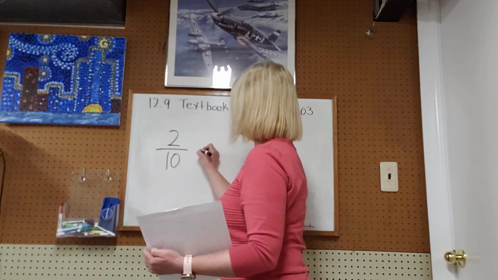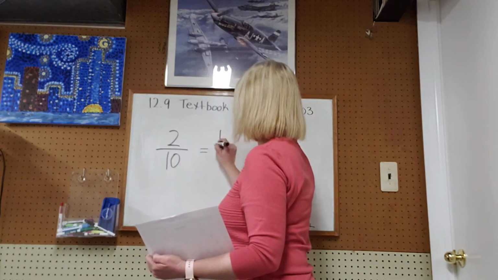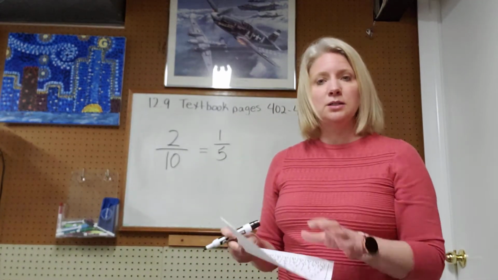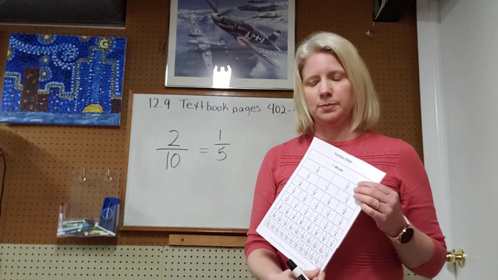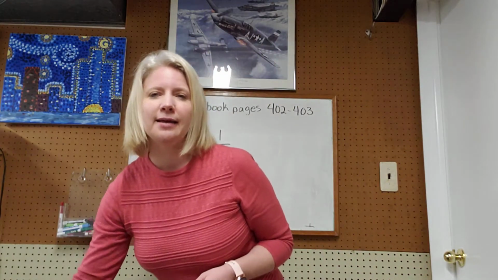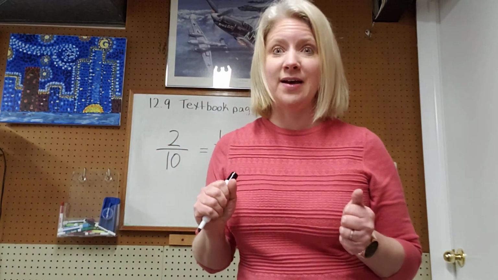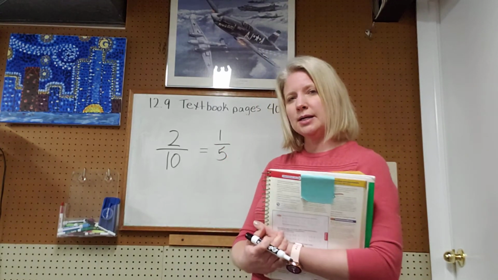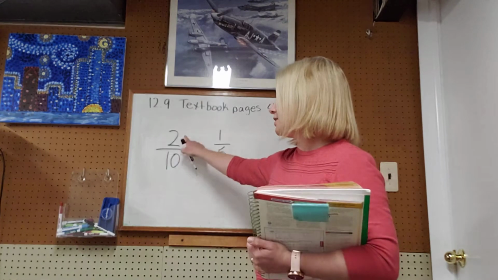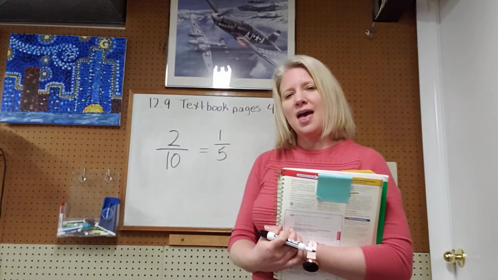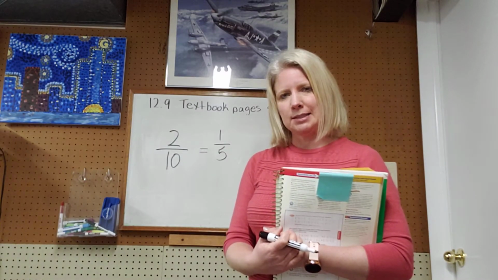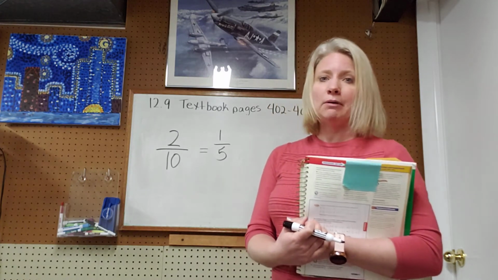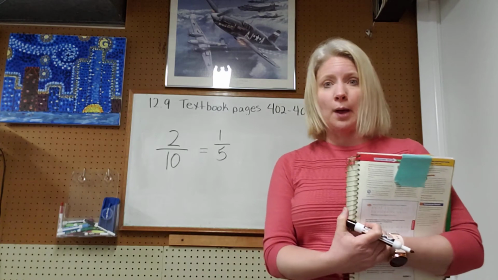on your fraction strips. Now, mathematically, we can also do it if we don't have our fraction strips. And to do that, you have to think about dividing. You're going to think about what number I can divide both of these numbers by equally. This way takes a little bit of practice. It's kind of hard. It doesn't come easy. It takes a lot of practice in knowing your multiplication tables pretty well.